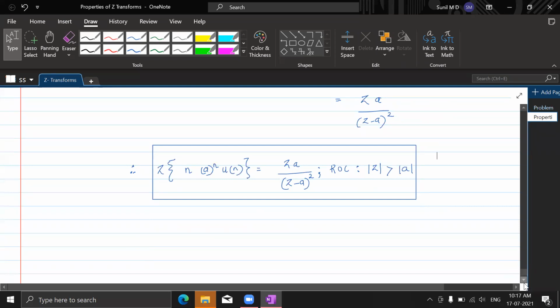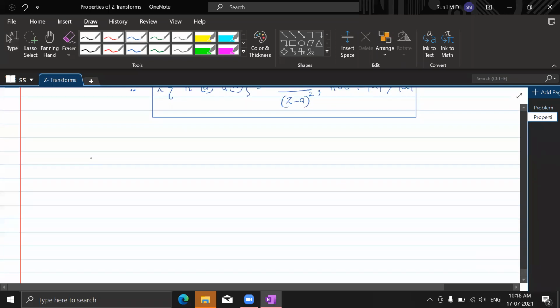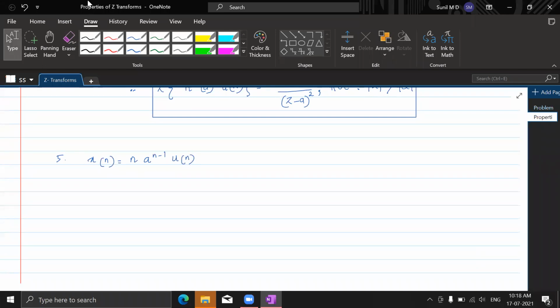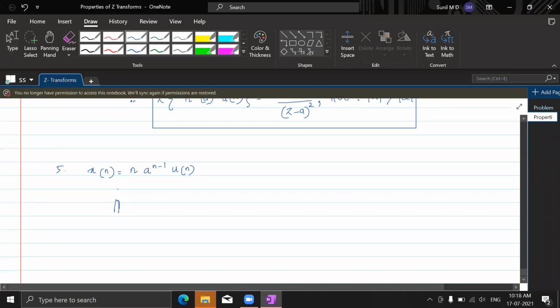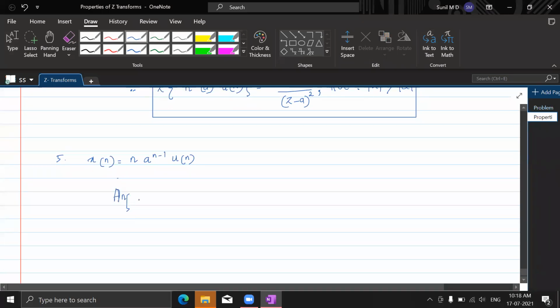Fine. Now, can you try this yourself? Problem number 5. Okay. Where x of n is given by n into a power n minus 1 u of n. Can you try that yourself? I'll give you the answer for this. This is very similar to what we have done in the previous problem.